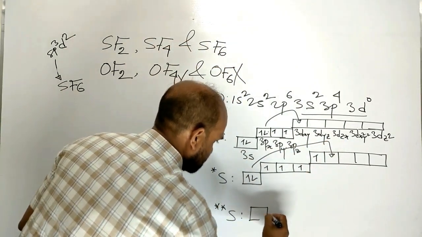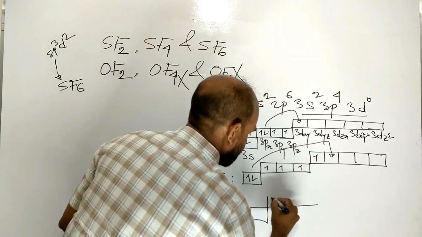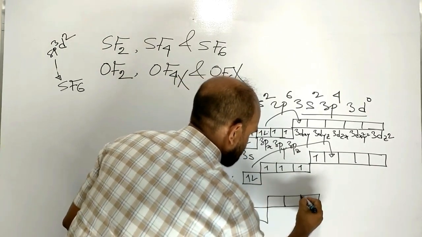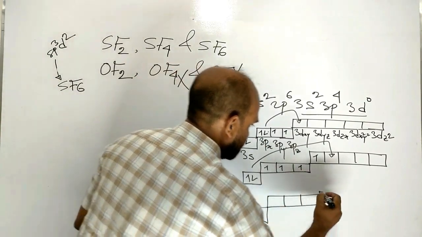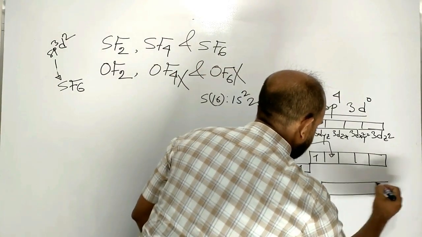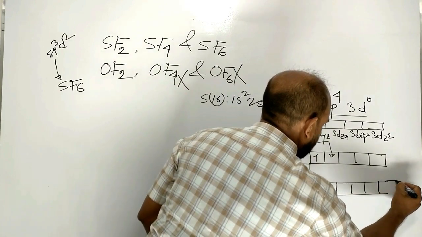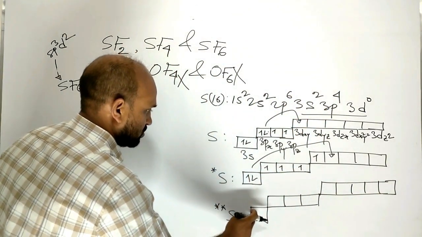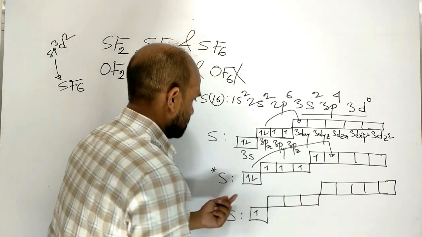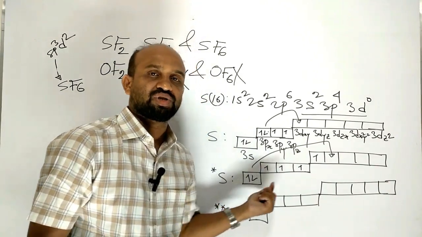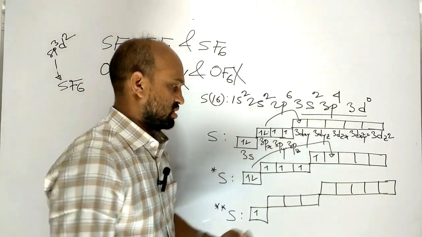Now we get this configuration: 1s, this is 3s, this is 3p, and 3d, 5 orbitals. Now 3s orbital contains 1 electron because 1 electron shifted to the vacant d orbital.